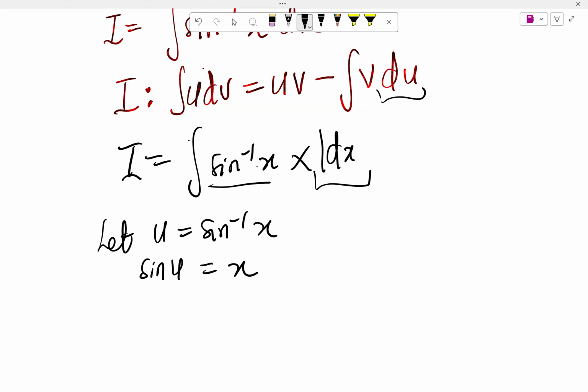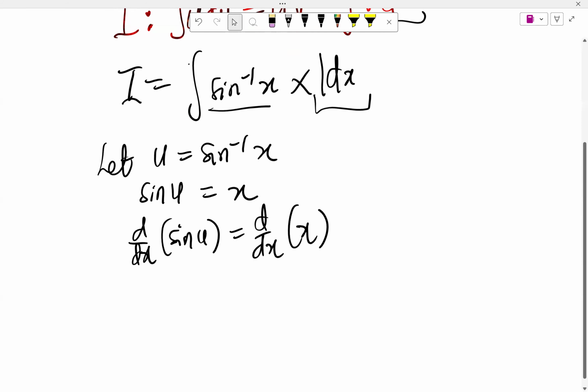And then we need du dx. So you can say d dx of sine u equals d dx of x.